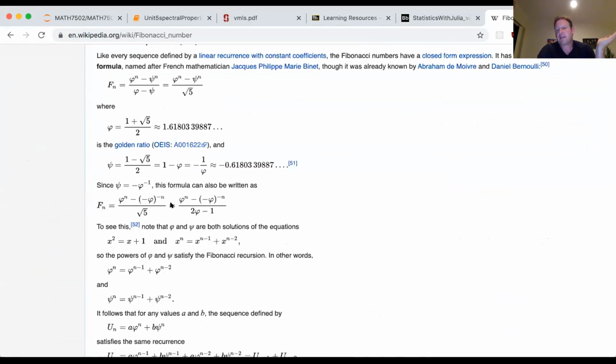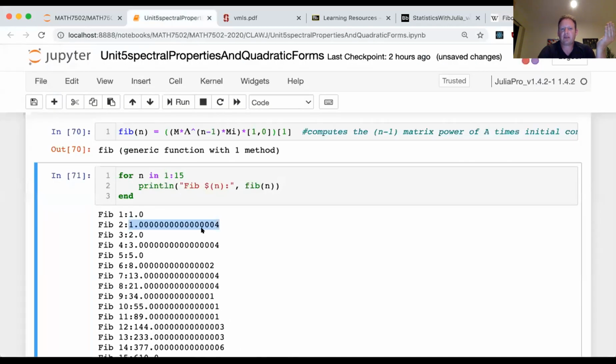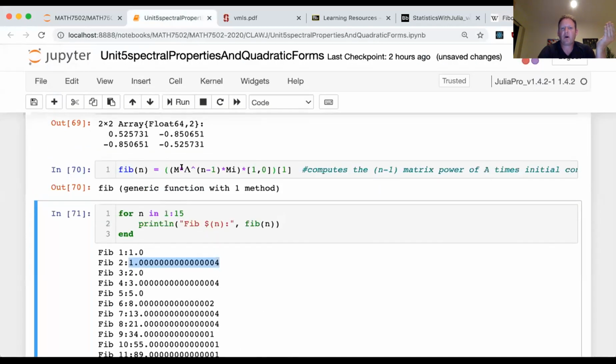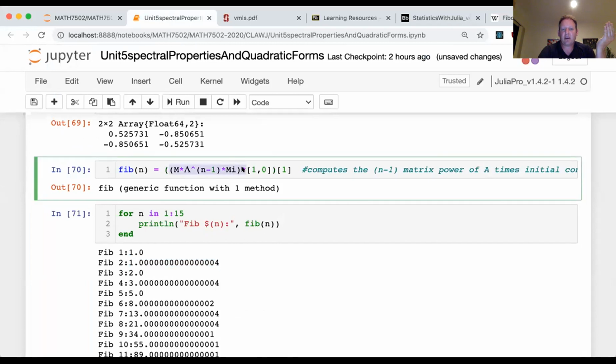This is not something a grade school student knows just like that. How do you get the formula for the nth Fibonacci number? The standard way is doing exactly what we did here, only analytically. M is a 2x2 matrix, so you can write its inverse analytically and do all the multiplications.